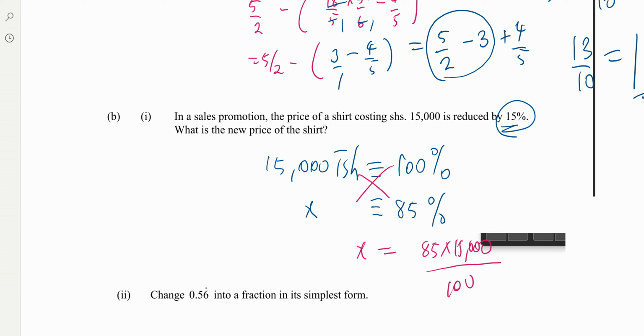So 85 you multiply by 15, then you divide it by 100.